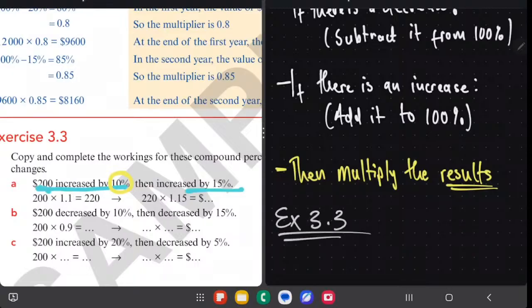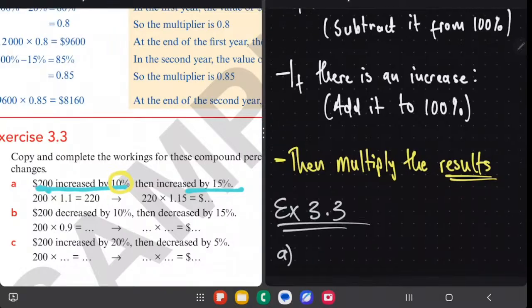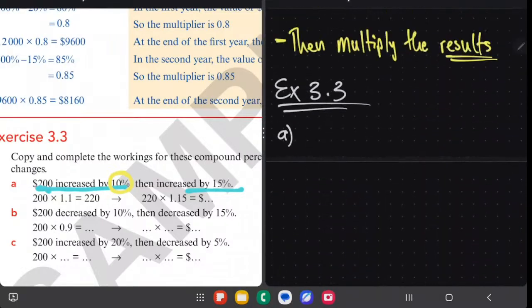So first we will say 100% plus 10%, because it's an increase, so we must add. Don't ever use 10%. It's useless. You got to take it to 100. Come on, don't let me down. What is 100 plus 10? It's 110%.